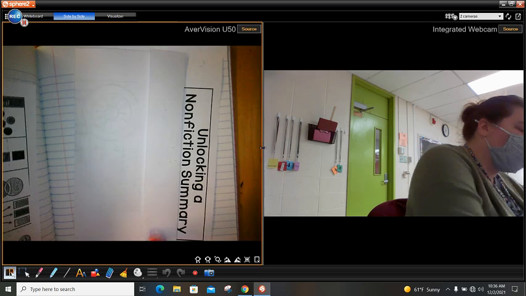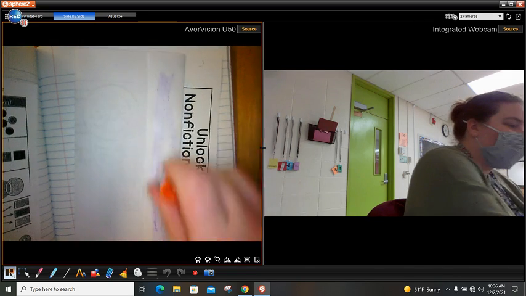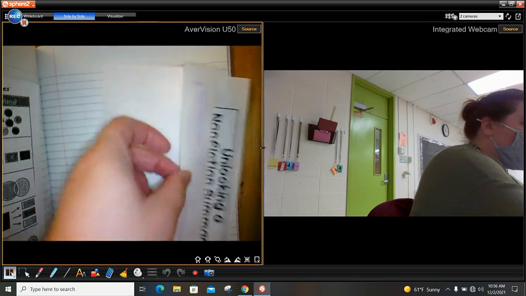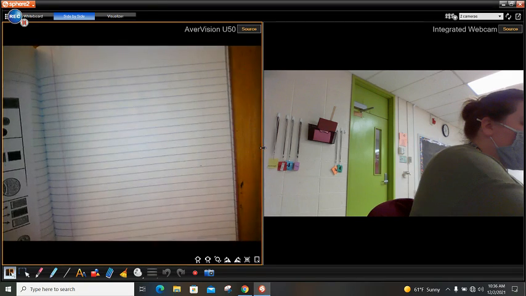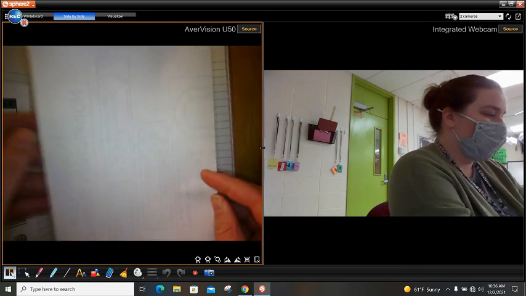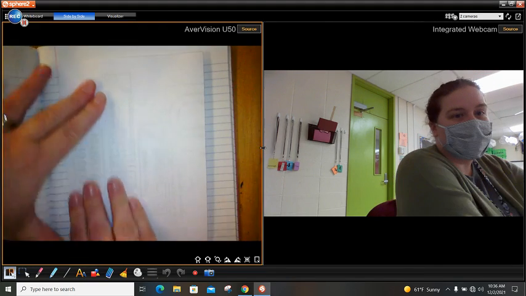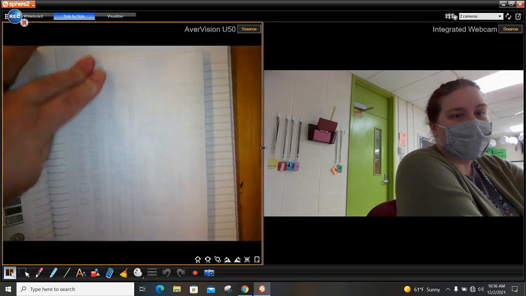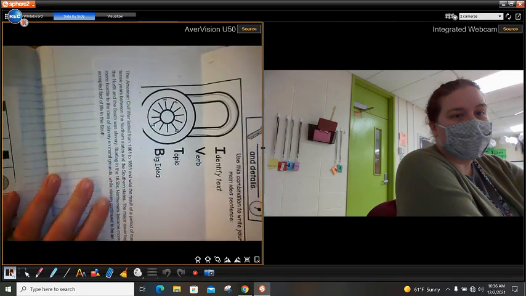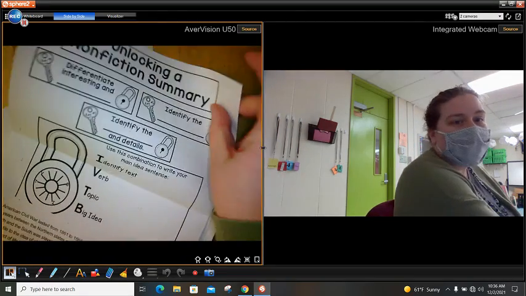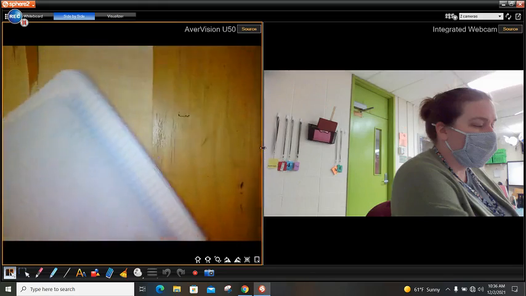You are going to glue just the little flap, and then you're going to place it like this in the middle of your notebook, so that when you open it, you can see your notes.